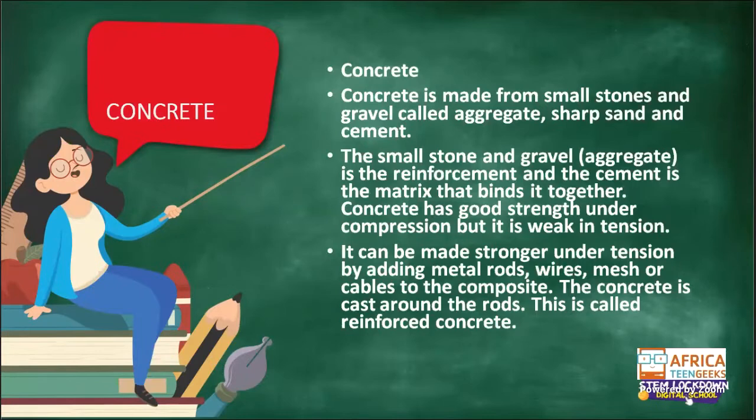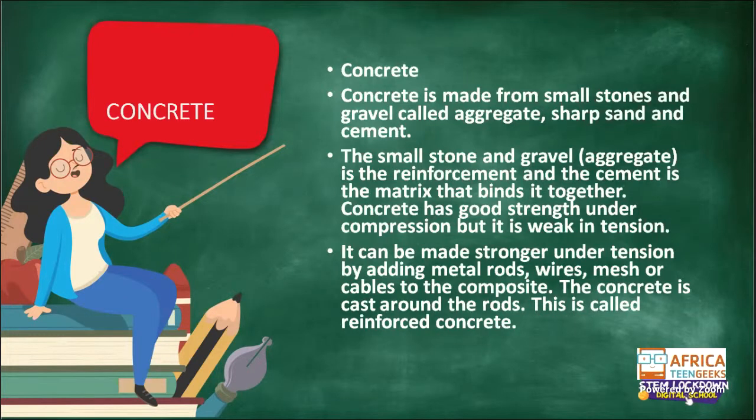Now, it can be made stronger under tension by adding what? Metal rods, wire mesh, wires, or cables to the composite. The concrete is cast around the rods. This is called reinforced concrete. Yes. So what it means is that if you want your concrete to be very strong, mostly these storey buildings that we see around, they have what? Reinforced concrete. Can you imagine a storey building that is 13 or 15 or 20 floors tall?